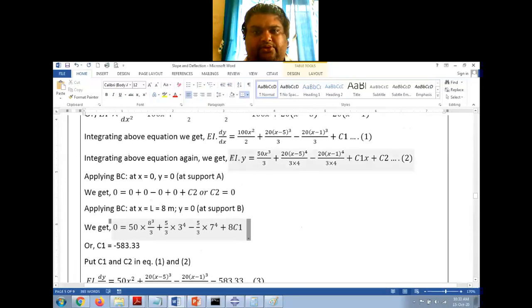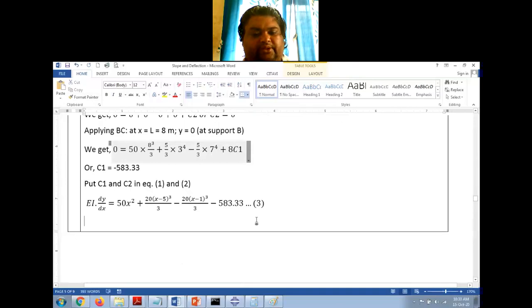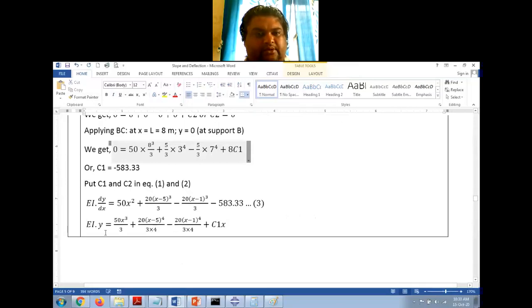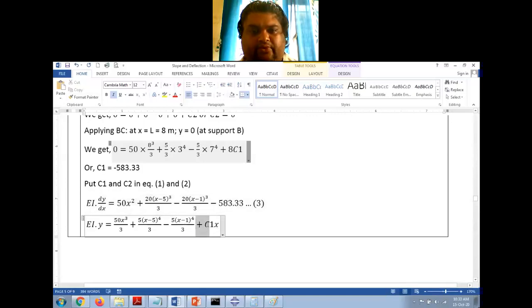Let me copy this equation 2. C2 is 0, so I'm not copying that. EIy is equal to 50x cubed by 3, this will become 5 by 3, 5 by 3, and C1 is minus 583.33. It is minus 583.33 into x, and this equation we'll call it as 4, right?